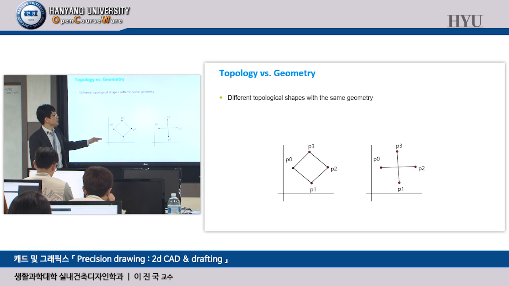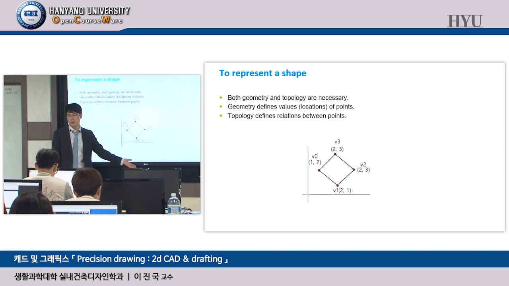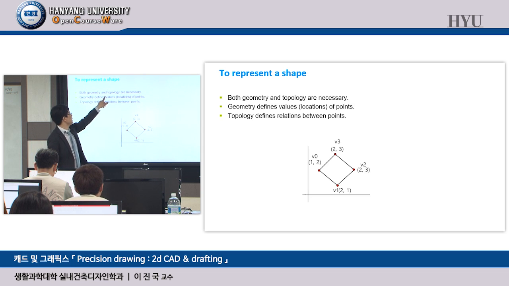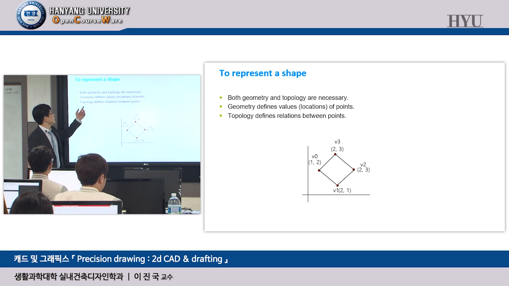Same geometry, but different topology. So, at the end, to represent this shape by computers, what we need in terms of mathematical definition at the lower level, we need both, okay? Both geometry and topology are mandatorily required, okay?